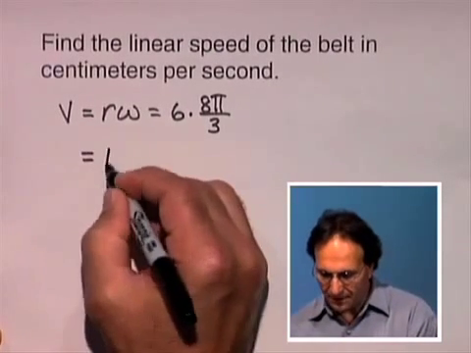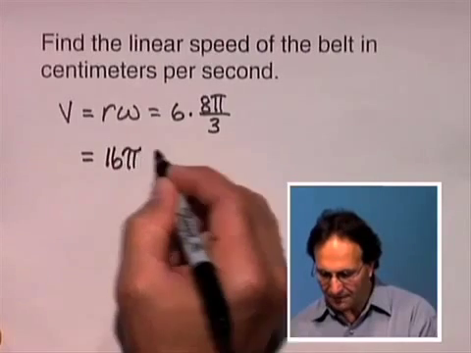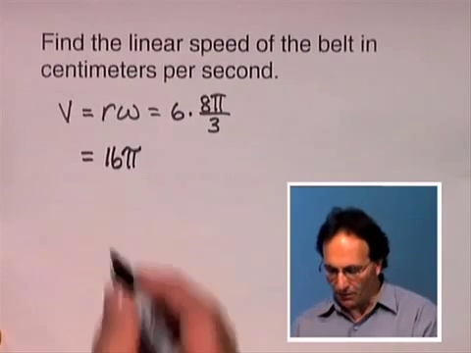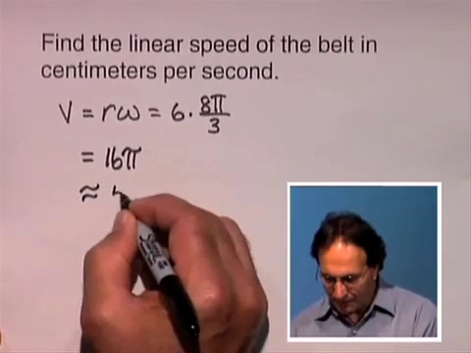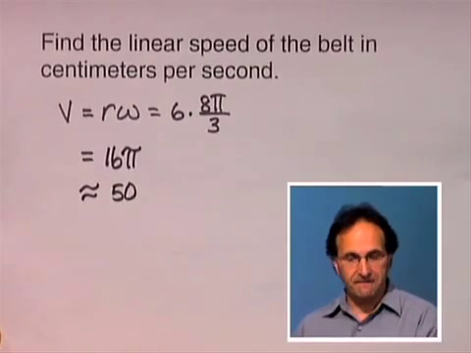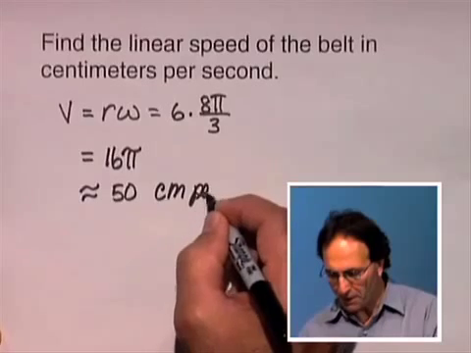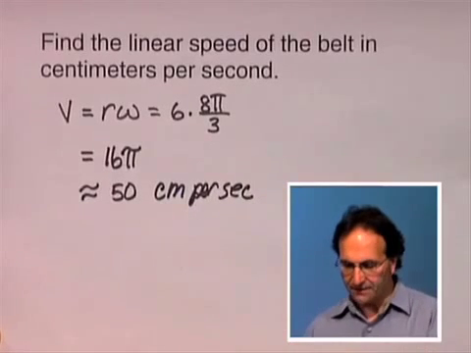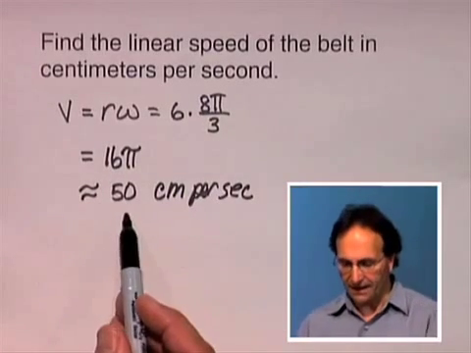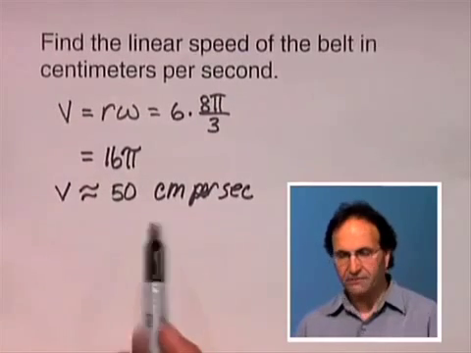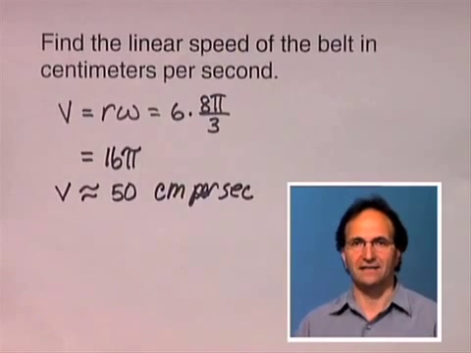This would equal 16 pi. And if we wanted to approximate that, it would be approximately 50, and that is in centimeters per second, which is what we were asked to find. That's the linear speed, 50 centimeters per second.